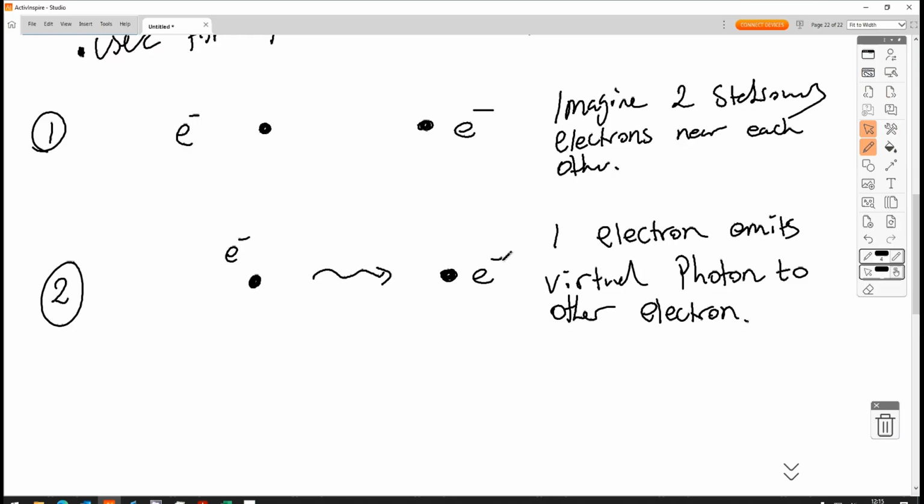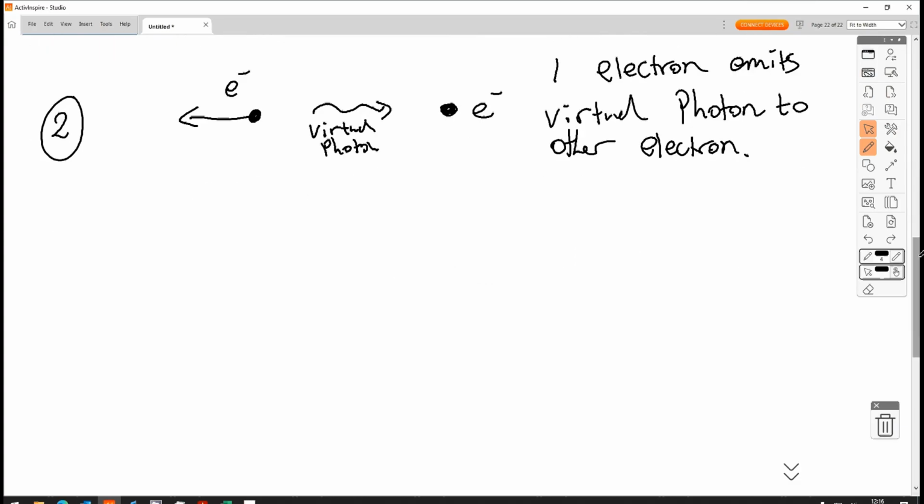So that first electron moves backwards. So this is the virtual photon. Now, that virtual photon with its momentum is absorbed by our second electron, and that virtual photon had a momentum towards the right, so that electron now moves towards the right.